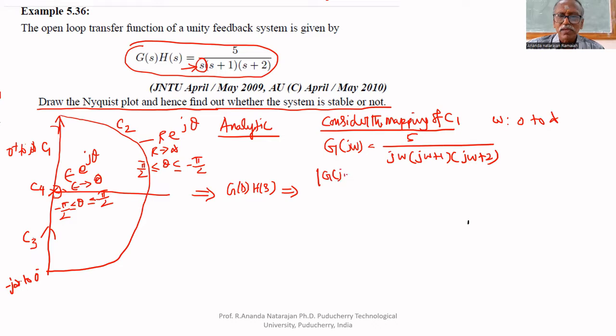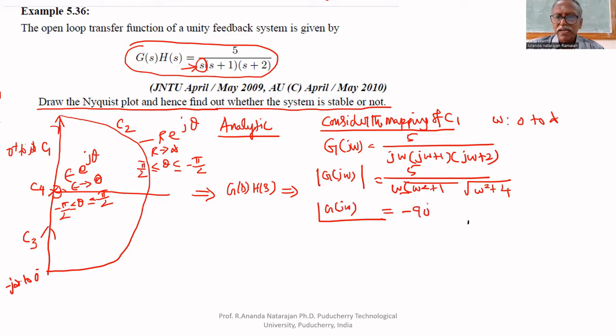Modulus of G(j omega) = 5 upon omega times square root of omega square plus 1 times square root of omega square plus 4. Angle of G(j omega) = minus 90 for s, minus tan inverse of omega, minus tan inverse of omega by 2.